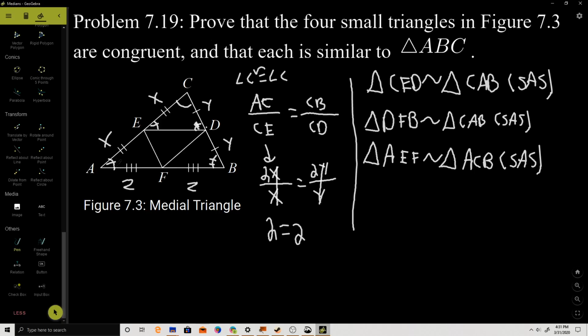Alright. Now, with all that figured out, we can come up with all the congruent angles. So, AEF, this one would have to be C. And that means this one is the one with 2 tick marks.